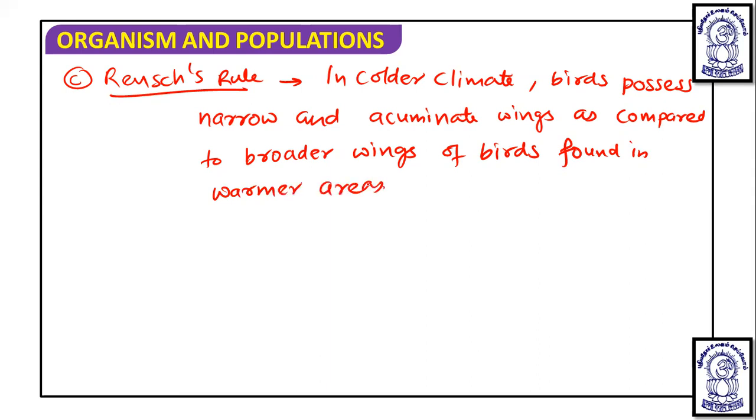Okay, so birds of colder climate possess narrow and acuminate wings, meaning small wings compared to the broader wings of birds found in warmer areas.